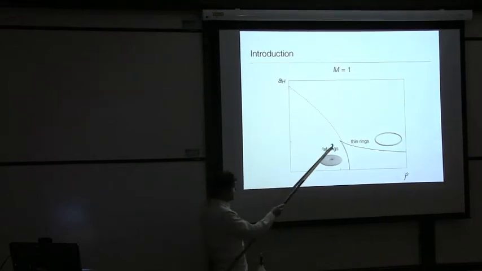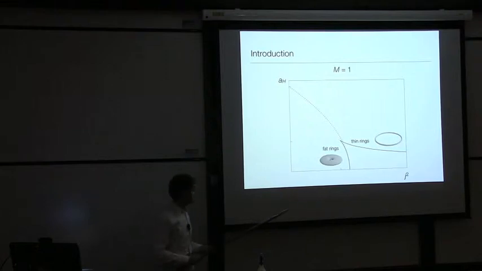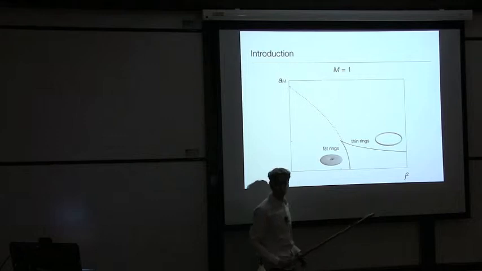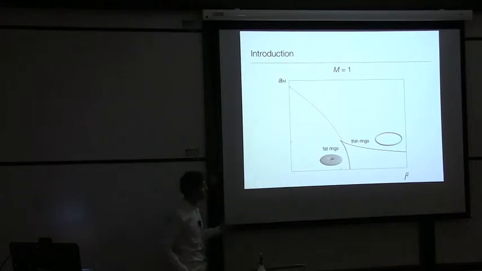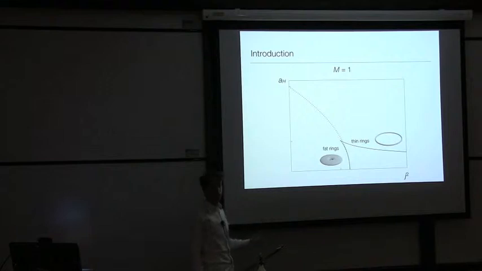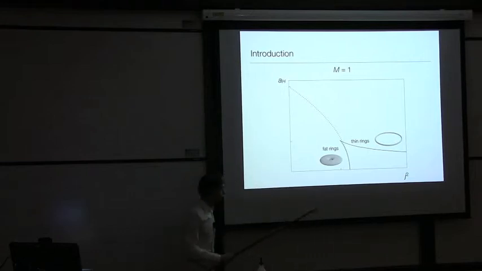So fat rings end at the same singular solution as the spherical black hole, but thin rings can have arbitrarily large angular momentum. As you can imagine, in many areas of physics, when you have large separations of scales, this usually signals the possibility of instabilities, and that's in fact what's expected to happen for these very thin rings. So these fat rings are also unstable, but that's a different kind of instability.